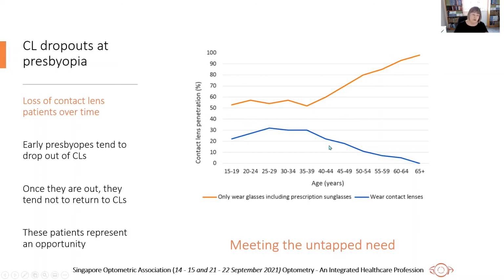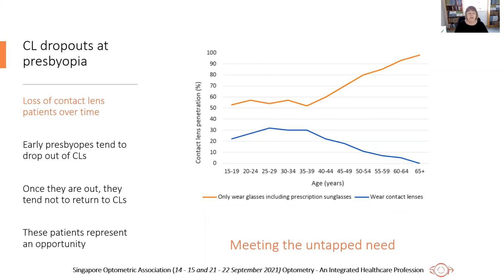This is due to many reasons, some because of the perception that presbyopic correction is difficult to do successfully on the behalf of ECPs, and sometimes the fact that it's easier for patients just to wear a pair of spectacles rather than mess around with glasses, overreaders, monovision, multifocals, and so on.